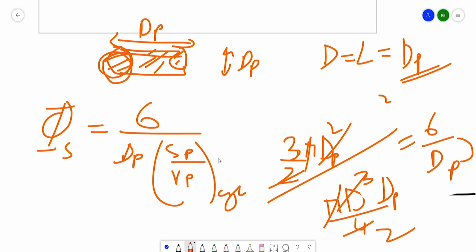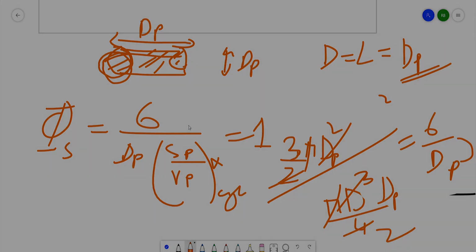If you put this in here, then you get sphericity 1. That means the solid cylinder can be treated as having almost the same shape as a sphere. This is the meaning of sphericity.